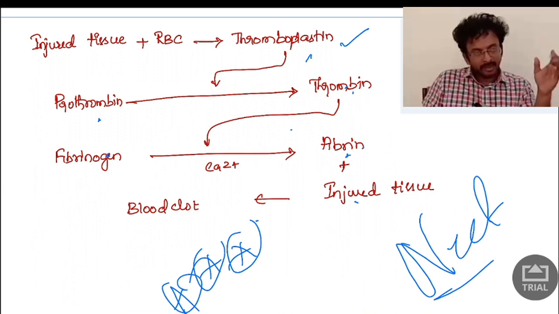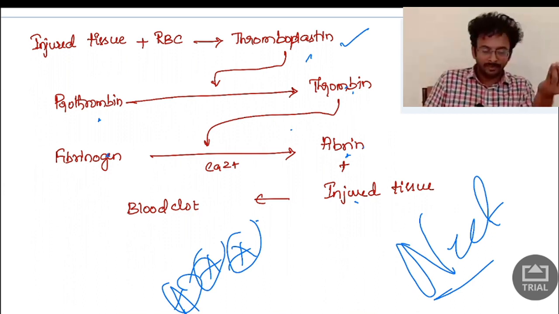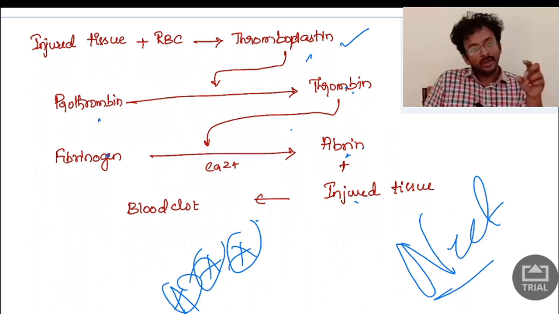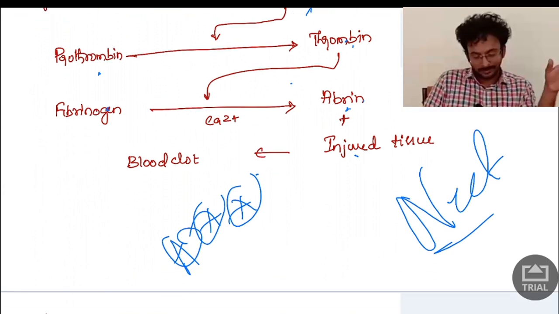So I repeat again: the injured tissue, the damaged skin that releases the blood, releases a protein, thromboplastin. That thromboplastin, what does it do? It's a protein, my dear, which converts prothrombin into thrombin. This thrombin converts fibrinogen into fibrin. Fibrin plus damaged tissue is called what? Blood clot.